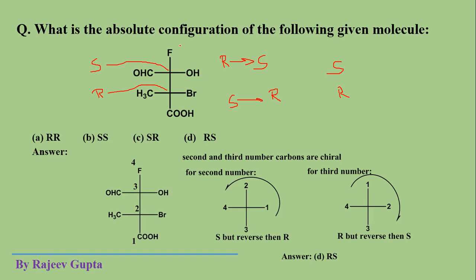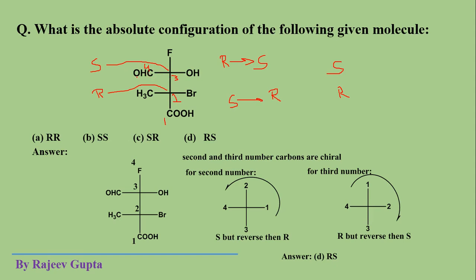If we consider the IUPAC system, then the first number goes here because the carboxylic functional group has the highest priority in the IUPAC system. So according to IUPAC numbering, number one is given to this carbon, this is the second carbon, this is the third, and this is the fourth carbon. This is the principal carbon chain.